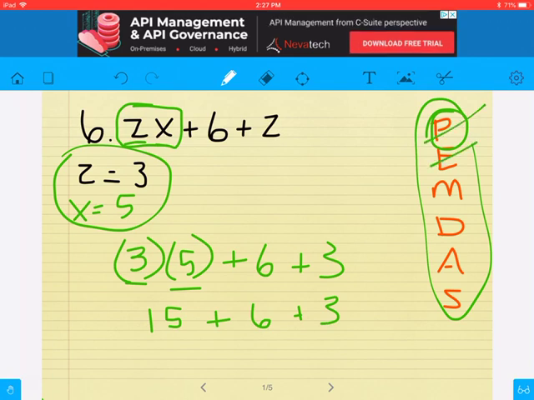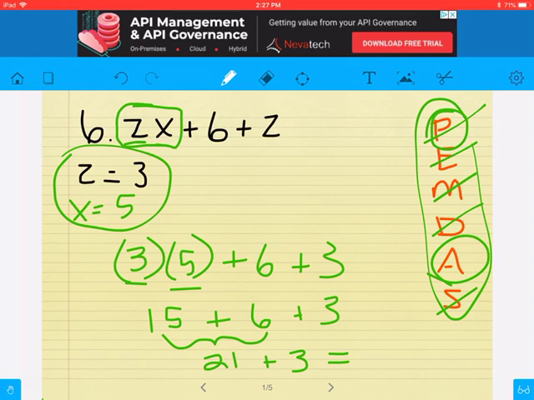There are no exponents, no multiplication, no division, but we do have addition as our last operation. So we're just going to do it in order. 15 plus 6 gives me 21, plus 3 gives us 24. So our answer to number 6 is going to be 24.